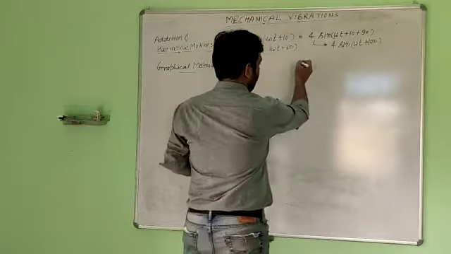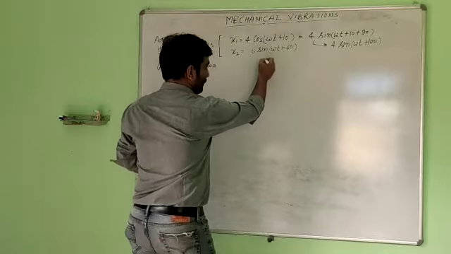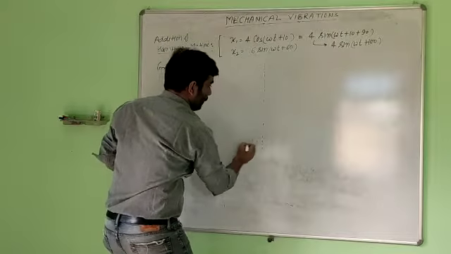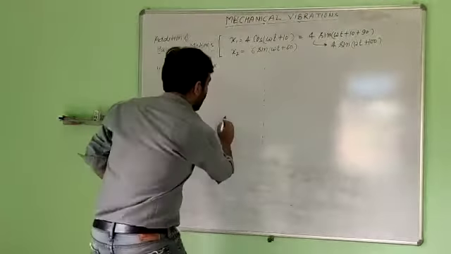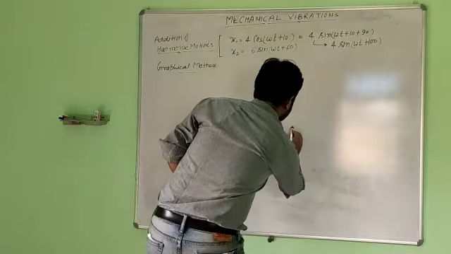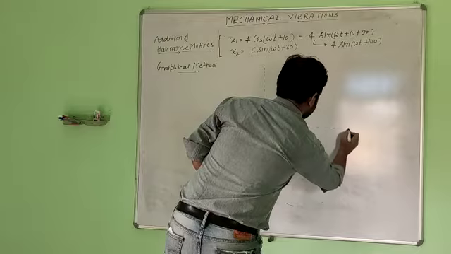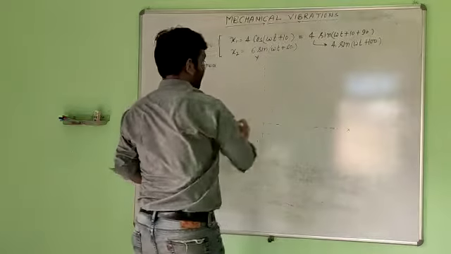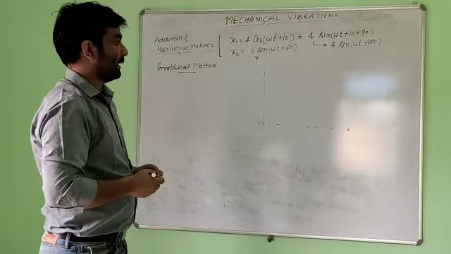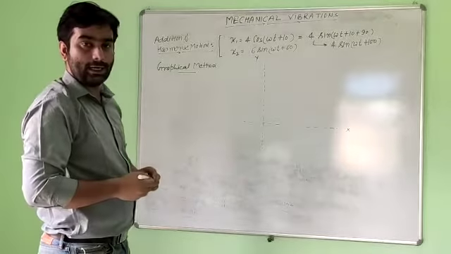Now we are going to draw these two vectors. This is the x-axis and this one is the y-axis. First we draw 4 sin omega t plus 100 degree.